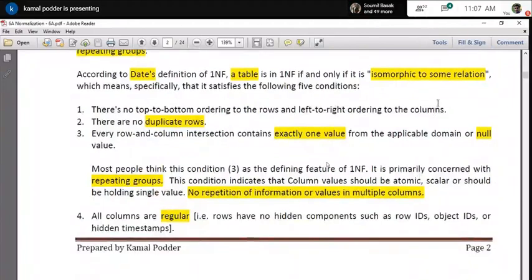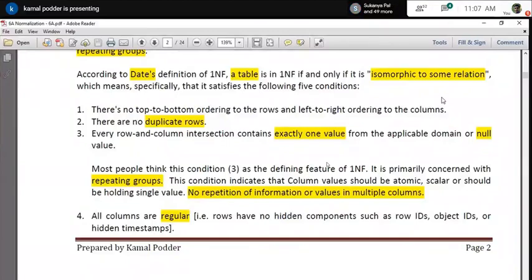As per Codd's definition, you know that Codd is one of the pioneers in this field. So as per his definition, a table is in first normal form if and only if it is isomorphic to some relation.